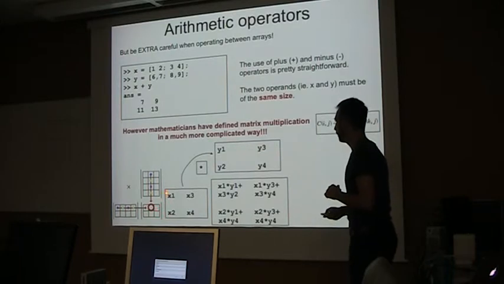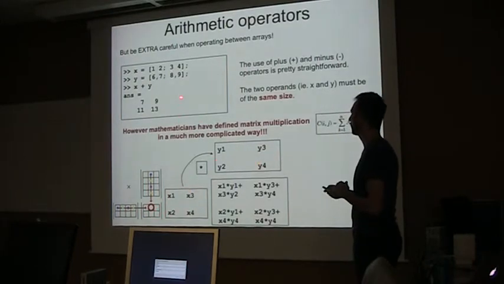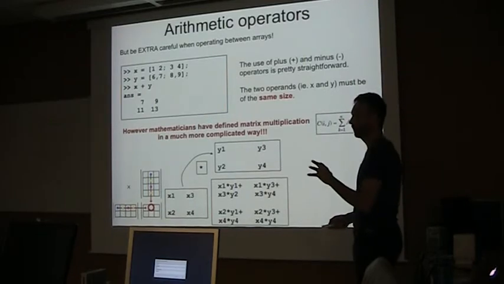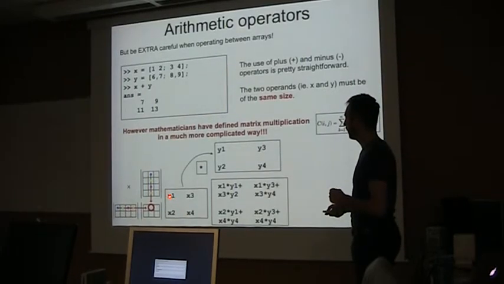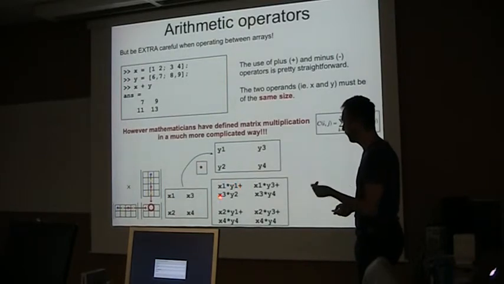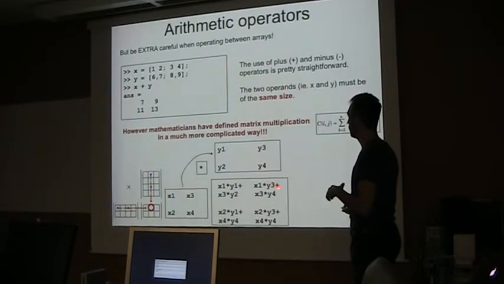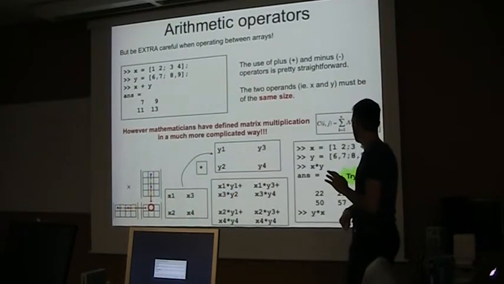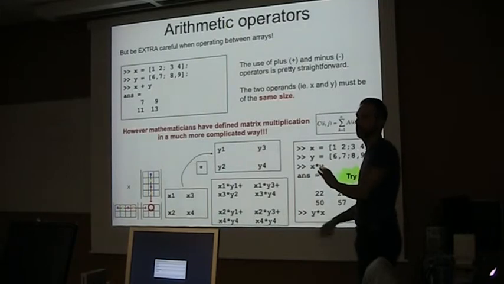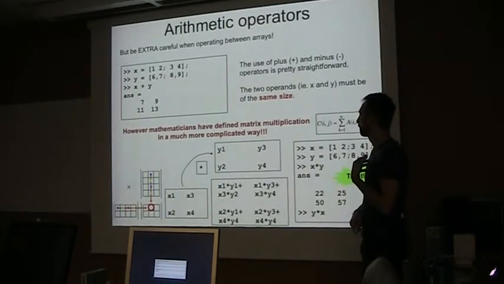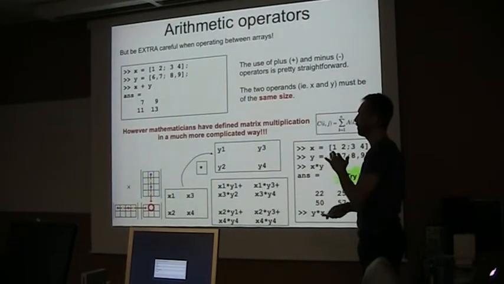So for example, if you have a 2 by 2 matrix, as we said here, the result would be completely different, and you can try it out later. It would multiply x1 with y1, add the multiplication of x3 times y2, etc. So it gives you other numbers, and it has a mathematical meaning, but depending on what work you do, that's not what you want to do.